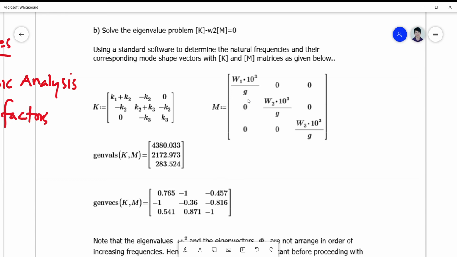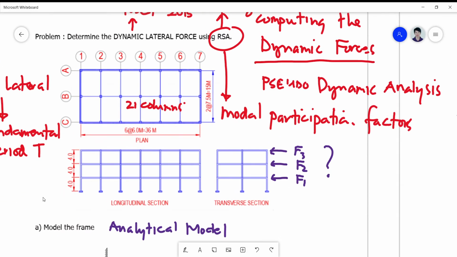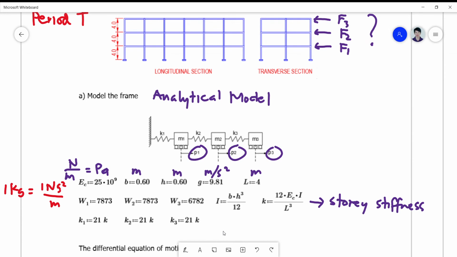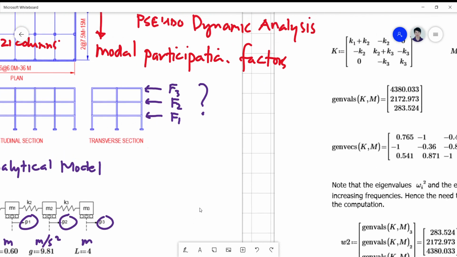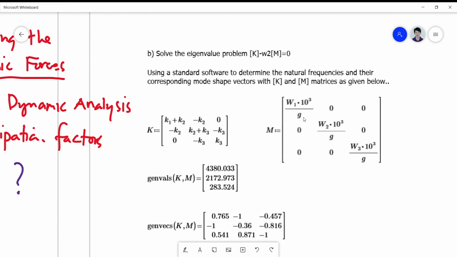The mass matrix is simply the weight divided by the G. The weight is in kilonewton, so we have to convert it to newton by multiplying by 1000 before dividing it with G.